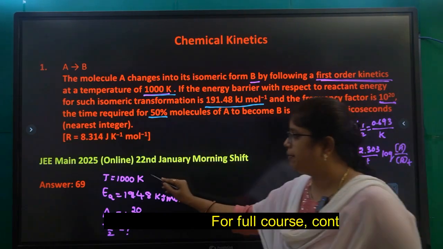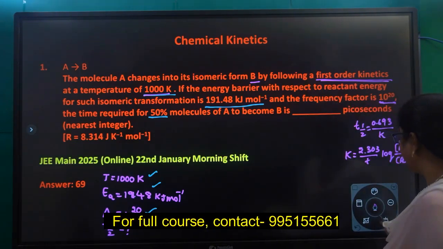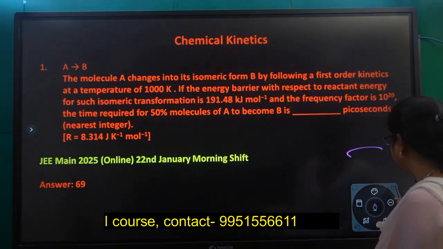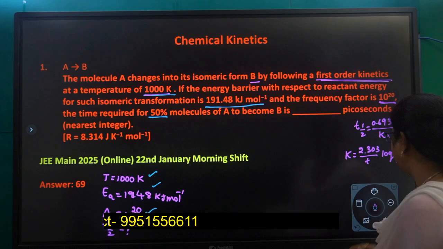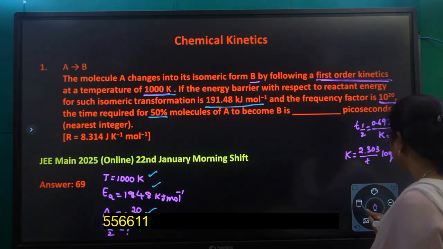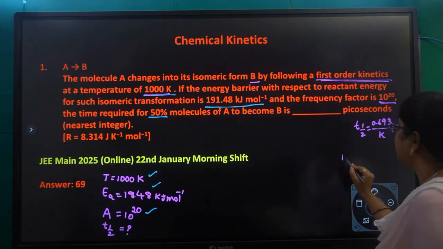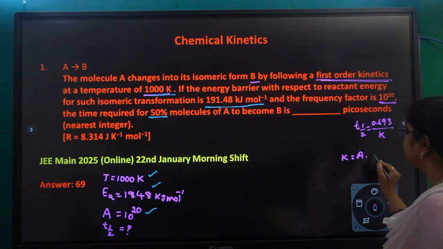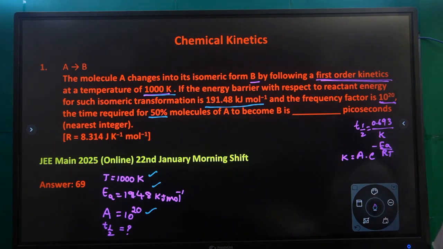He gave temperature, activation energy and A. So in terms of the given data, we need to take another formula. What is that? K is equal to A into e to the power of minus EA by RT. So by using this formula, we calculate K.